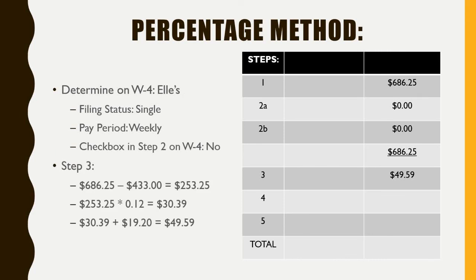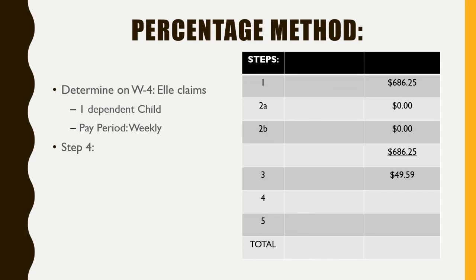Once we figure that number out, the next thing is step 4. Step 4 is, did she claim any dependents? Back then, with the W-4 form for 2019, you actually wrote off your dependents first before you got taxed.